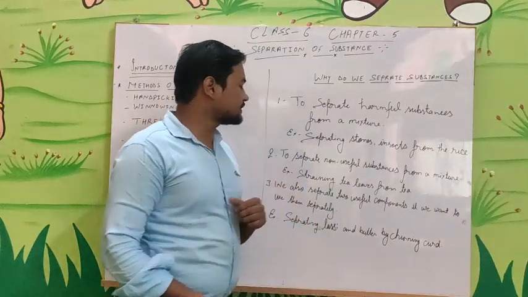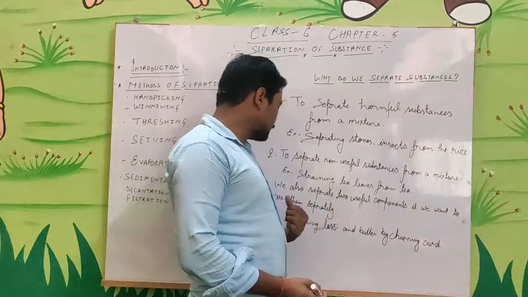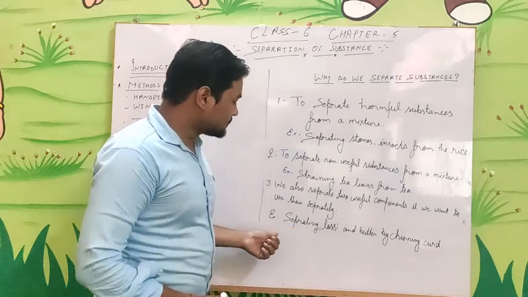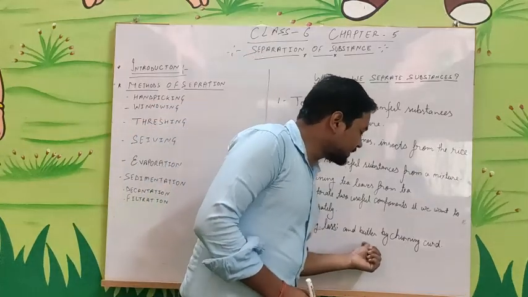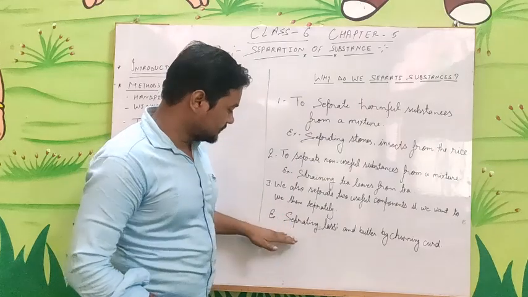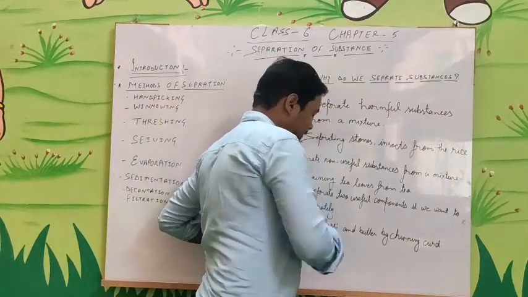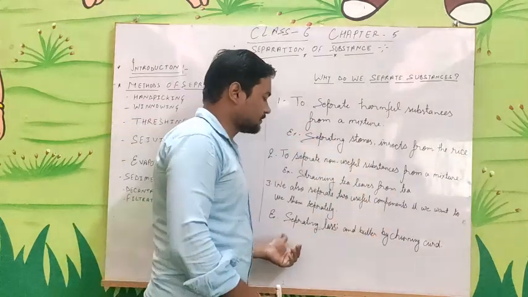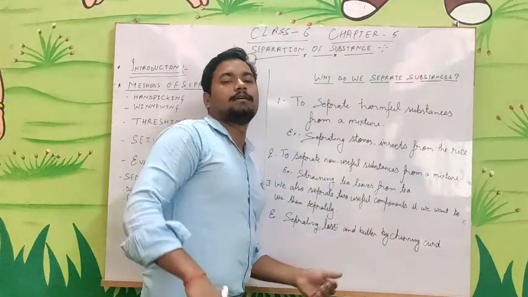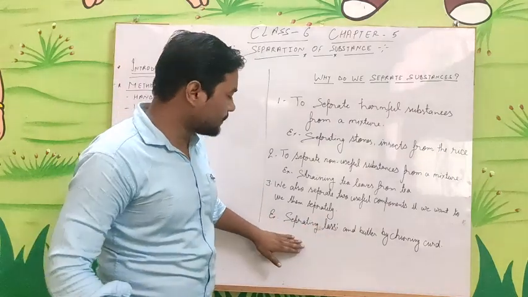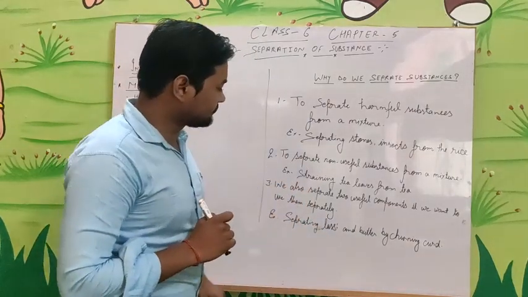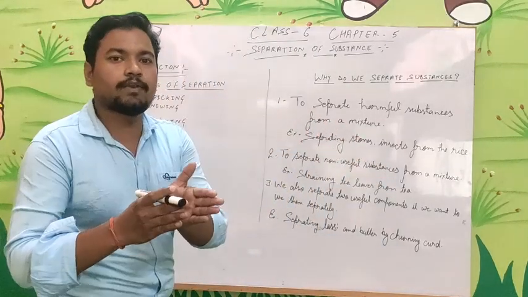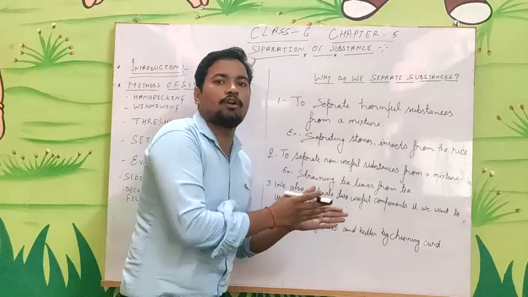Third, we also separate two useful components if we want to use them separately. It means separating lassi and butter by churning curd. We can also take iron filings and salt.